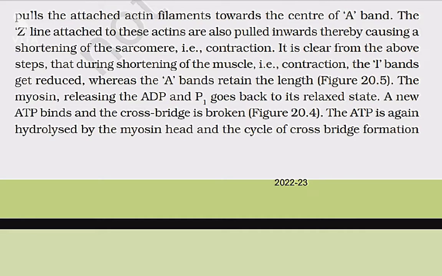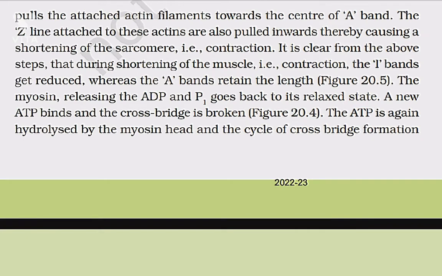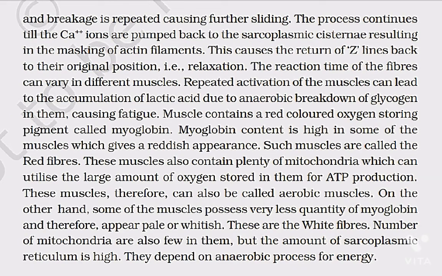Figure 20.5. The myosin releases the ADP and P and goes back to its relaxed state. A new ATP binds and the cross bridge is broken. Figure 20.4. The ATP is again hydrolyzed by the myosin head and the cycle of cross bridge formation and breakage is repeated, causing further sliding.